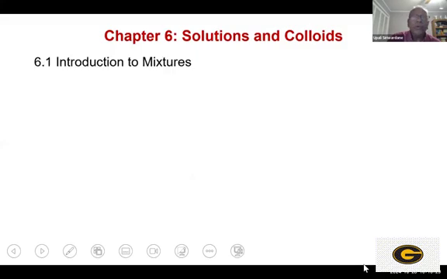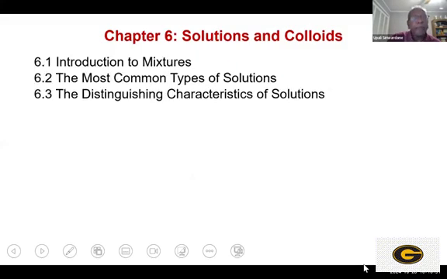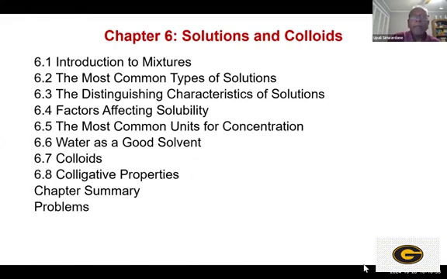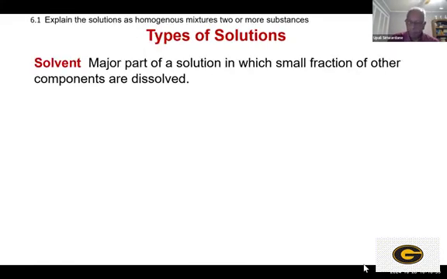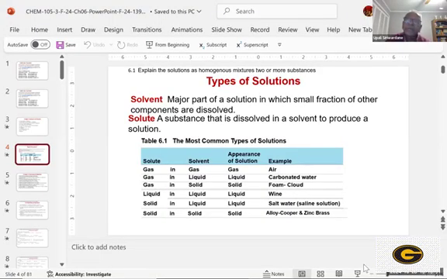I am going to go over solution. Solution is the general name for types of solution. General name for homogeneous mixture.